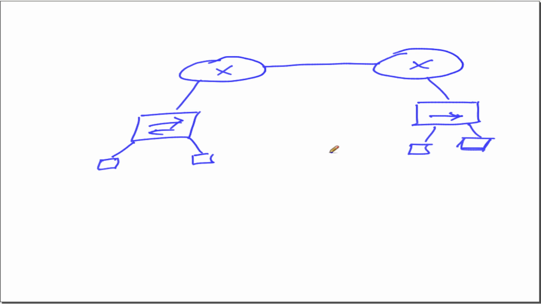Remember from the previous slide that I mentioned that a switch breaks the collision domain. So as many ports on the switch, as many collision domains. Over here we have 3 collision domains, 1, 2, 3. It means that traffic on these 3 links will not collide. Similarly, the link between these 2 routers is also a separate collision domain.